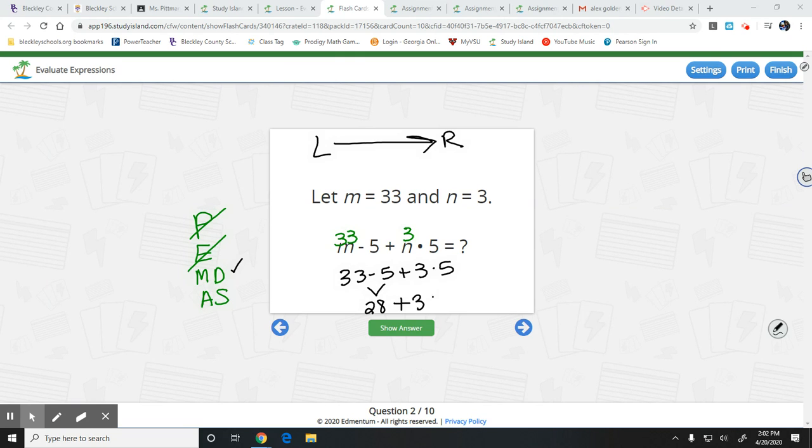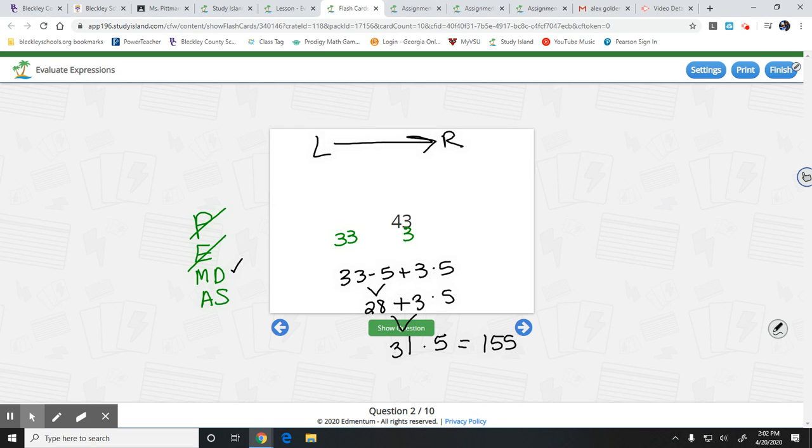Bring down the rest. 28 plus 3, that's going to give me 29, 30, 31 times 5. That's going to give me 155. There's a big difference between 43 and 155. So order of operations is very, very important, because if we don't work it out in the correct order, we're not going to get the right answer.